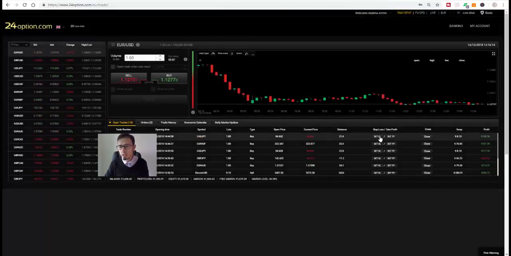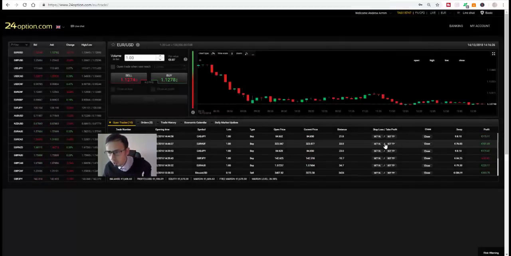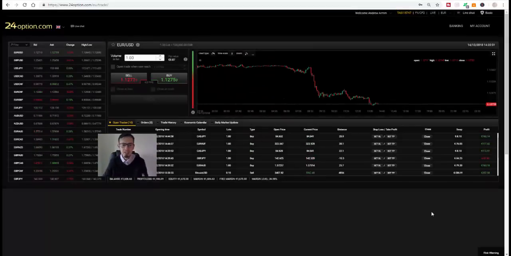And this one, here you can change and modify the price rate of when you want to take the profit, okay? So at the moment these trades are running, but you can modify these anytime, and when you do that, simply click on submit, okay?